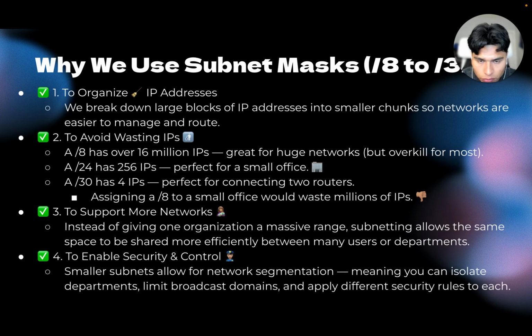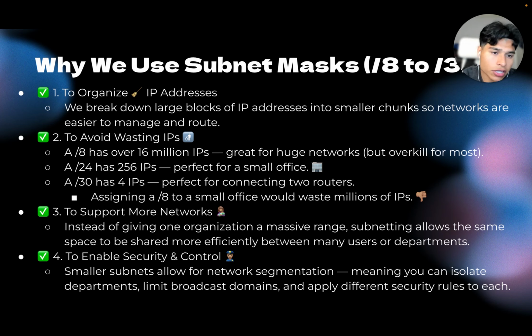So why do we use these specific ranges? /8 to /32 is to organize IP addresses, right? Remember, the purpose of subnetting is to break down large networks. So we want to break down large blocks of IP addresses into smaller chunks so networks are easier to manage and route. We want to avoid wasting IPs, right?